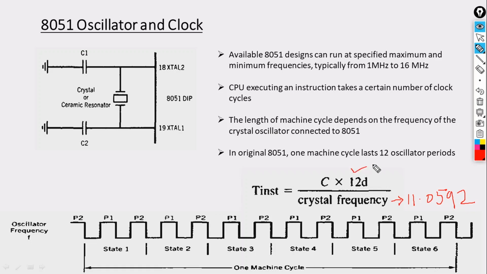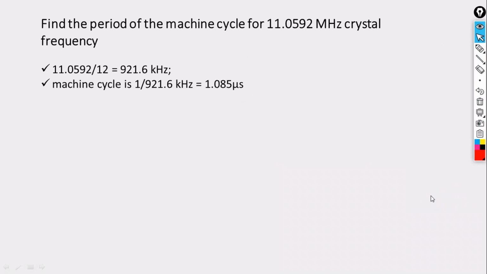So 12 is, in order to perform one machine cycle, and C is nothing but our machine cycle. So how many machine cycles are required? That is all regarding that. So let us move on.